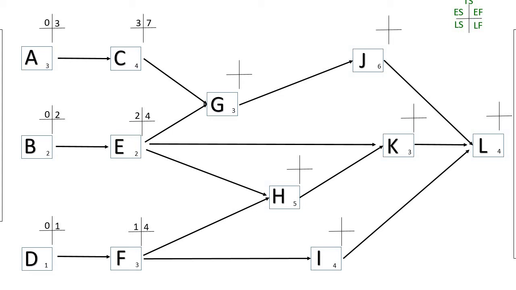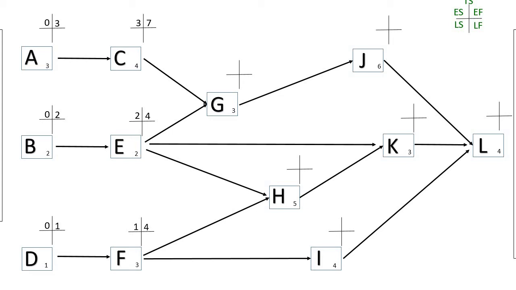Now activity G is one of our more difficult activities that we have. Activity G is dependent upon both C and E being completed. So activity C, the earliest finish would be on day 7, and activity E, the early finish would be on day 4.